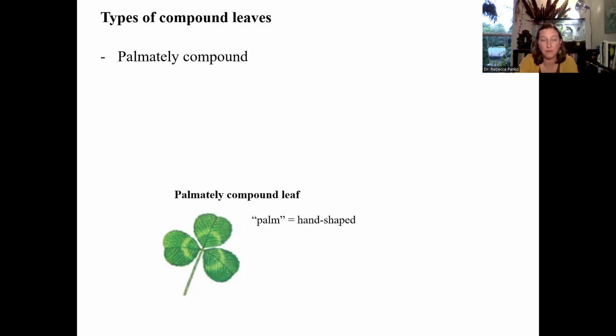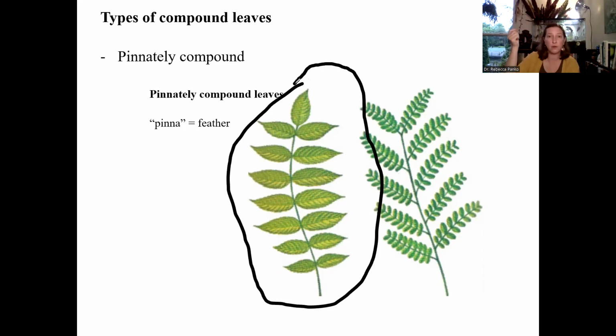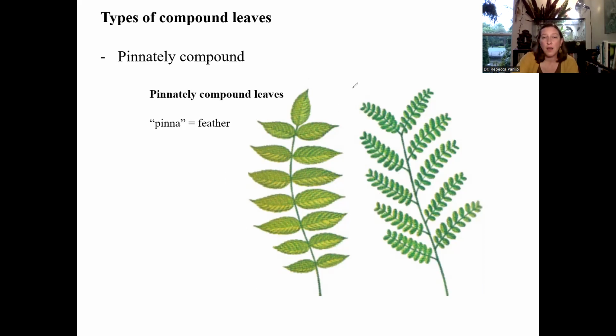Palmately compound leaf. And then these we call pinnately compound because they look like feathers. Pinna comes from the Latin for feather. And I agree, I think that this here definitely looks kind of like a feather, right? This one over here, maybe not so much, but definitely more feathery than the palmately compound leaf.